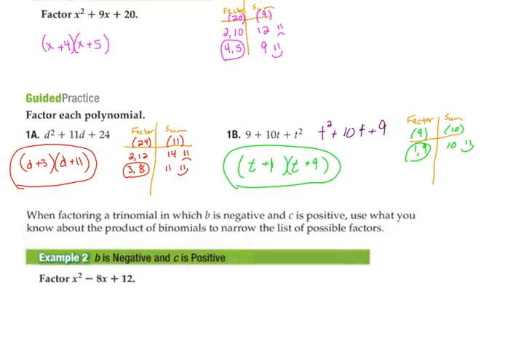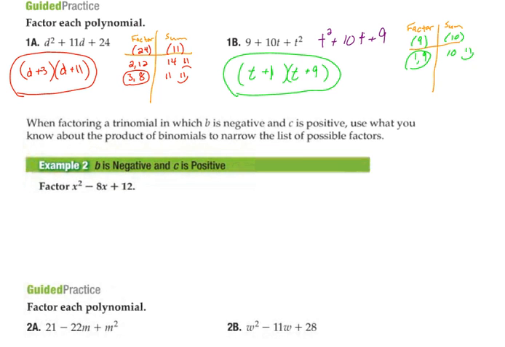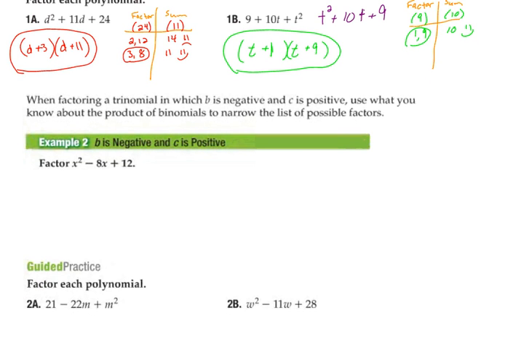Okay, those were all nice because they were all positive. Now we're going to change it up and look at negatives. All right, when B is negative and C is positive. This is a different one because if our middle term is negative, that means that both numbers are negative. How do I know that? Because I know that, again, we're multiplying these two numbers out here.